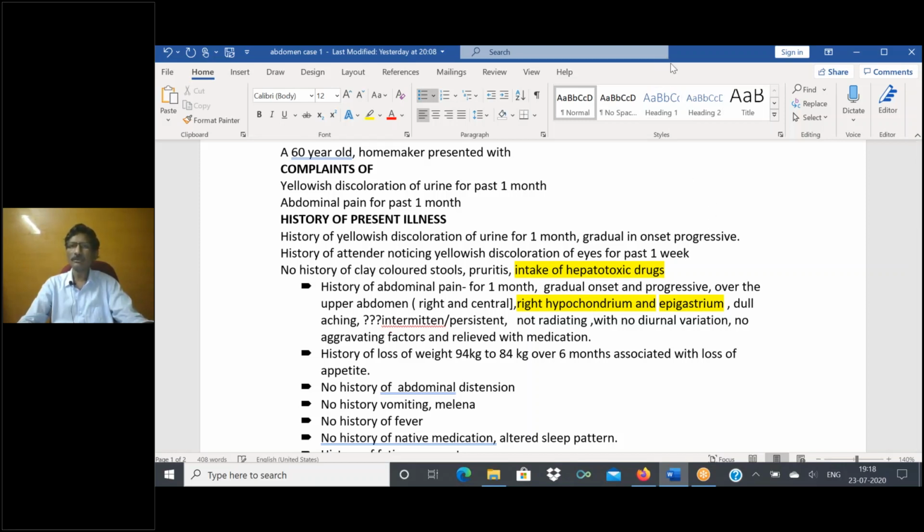Now, Vignesh, why did you want to ask about diurnal variation? Abdominal pain and diurnal variation. What diagnosis was in your mind? You have put diurnal variation. So what diagnosis was there in your mind?